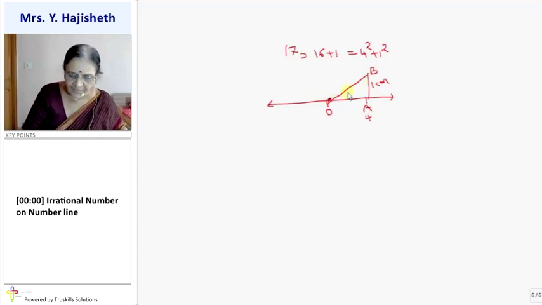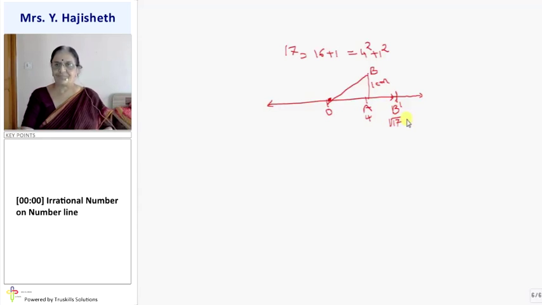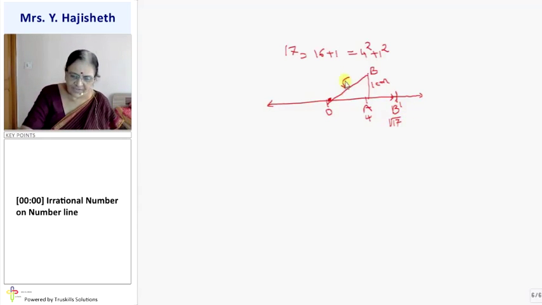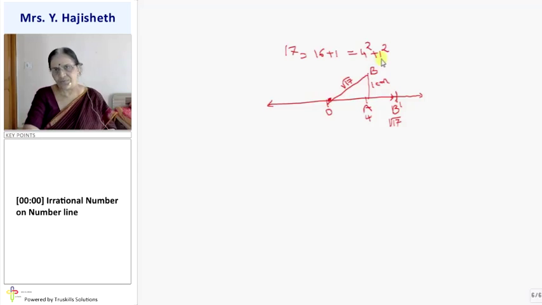Draw an arc on the number line. Suppose it meets at this point B dash. Then this B dash represents root 17 because OB is root 17. So my B dash point on number line represents irrational number root 17.